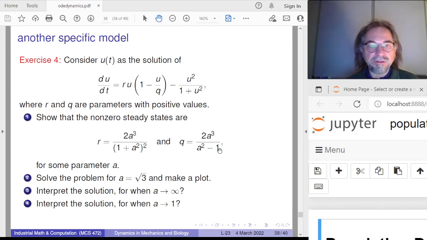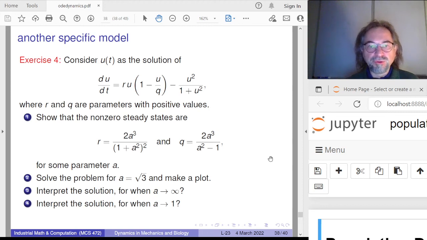Here is another specific model where we observe that if we look at the critical steady states, we can actually solve them symbolically, and they have the following parametric form.